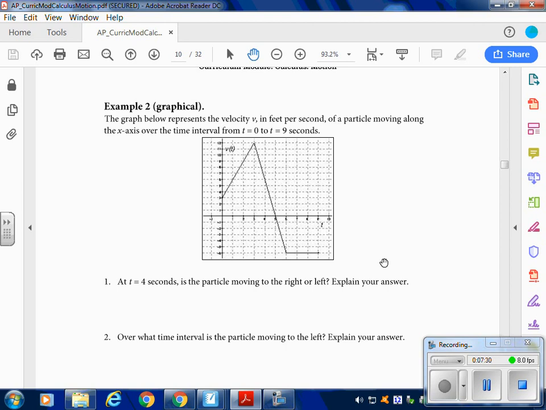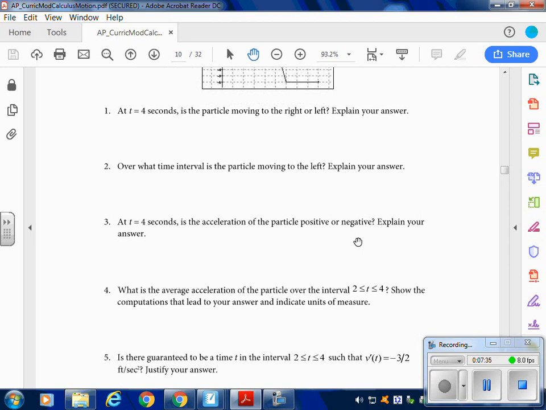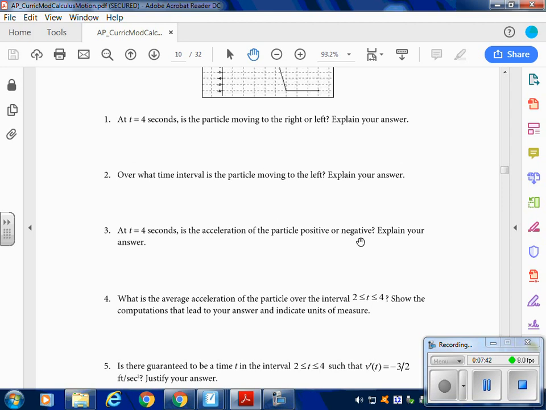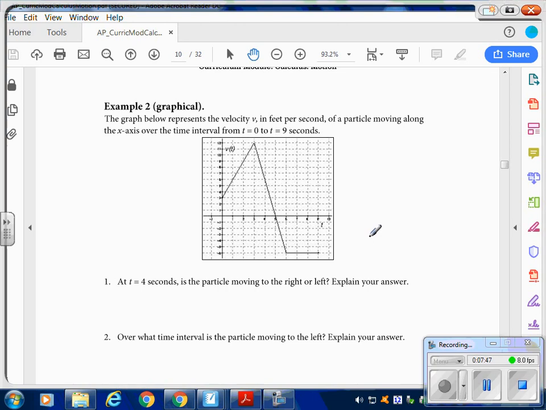All right, in number 4, we're looking at what is the average acceleration of the particle from 2 to 4. Show the computation that leads to your answer and indicate the unit of measure. You have the velocity at 4 minus the velocity at 2 over 4 minus 2, which is how you find the average acceleration.